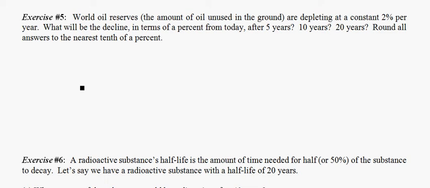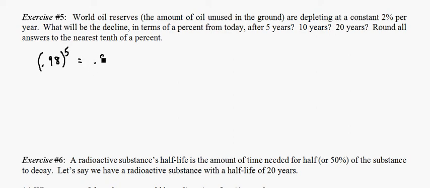Now, here's the key. When we model using exponentials, almost universally we are, if you will, modeling what we have left of a substance. Whether it's growing or decaying, it's what we have, not what we've lost. Okay? So keep in mind that after 1 year, we'll get to multiply by 0.98, right? Therefore, we would have lost 2%. After 5 years, we're going to multiply by 0.98 to the 5th.